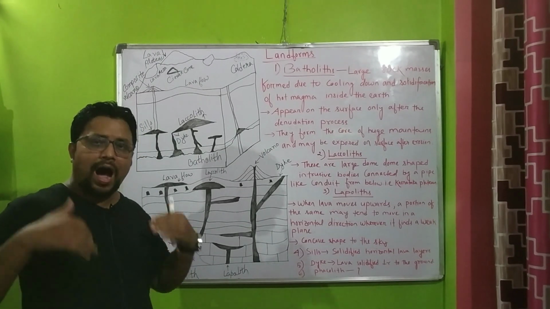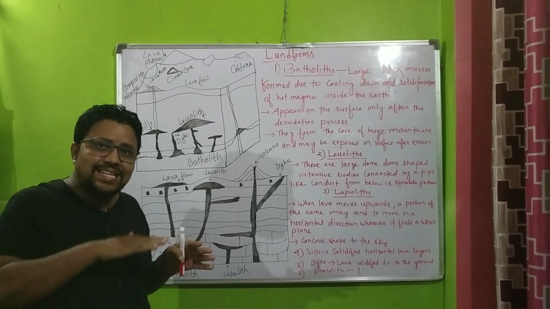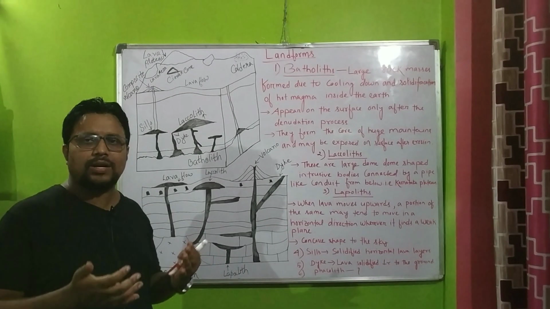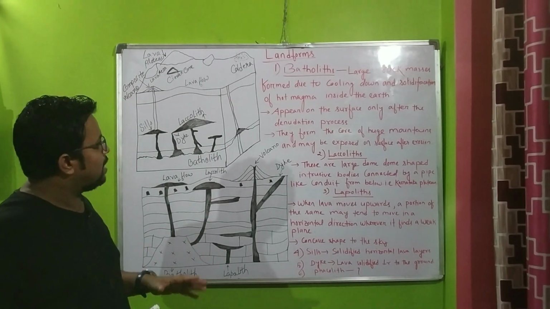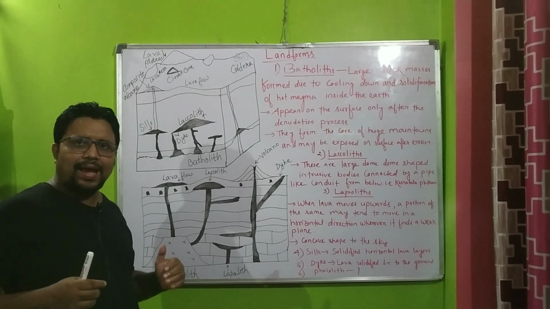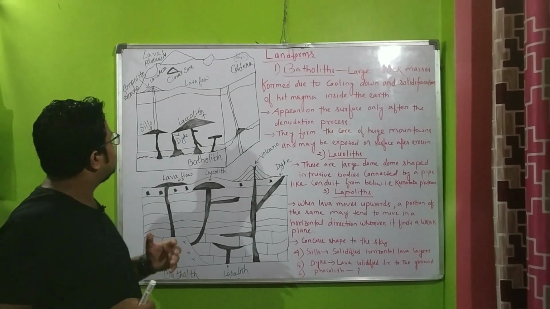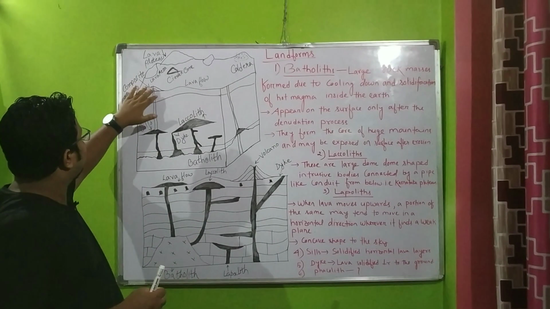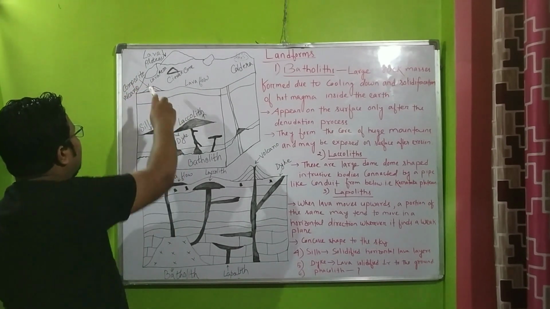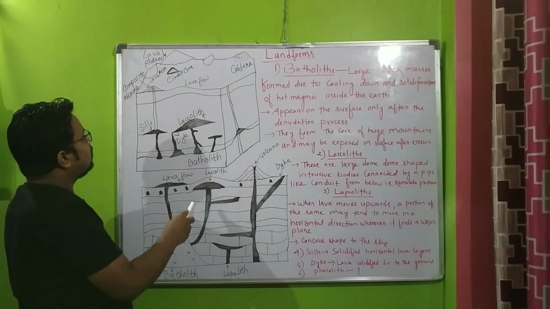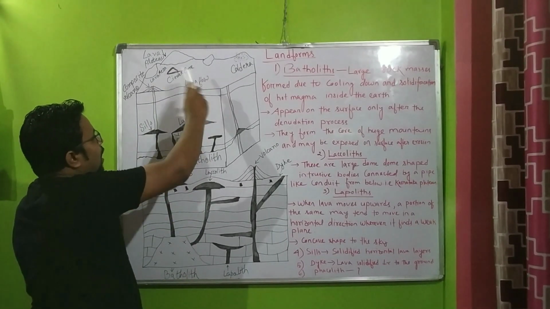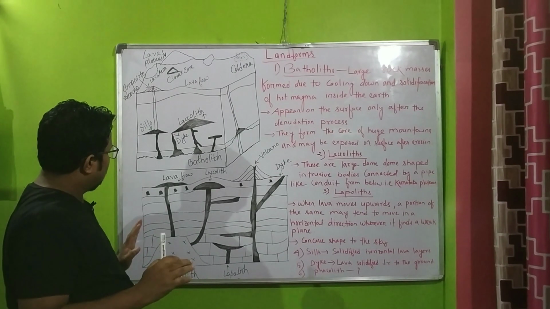And intrusive landforms are found inside the earth. Now, in case of extrusive landforms, we find composite volcano, lava mesa, lava plateau, cinder cone, caldera, lava flow.